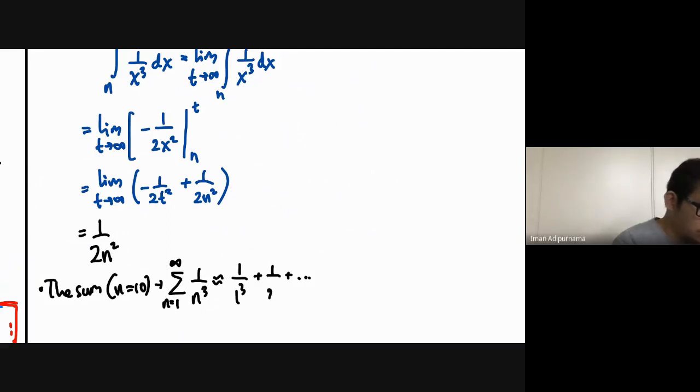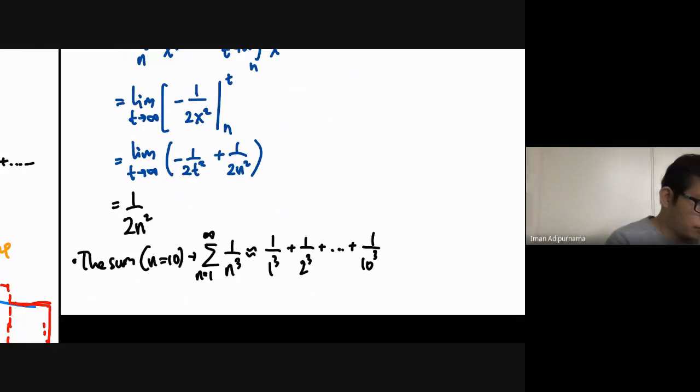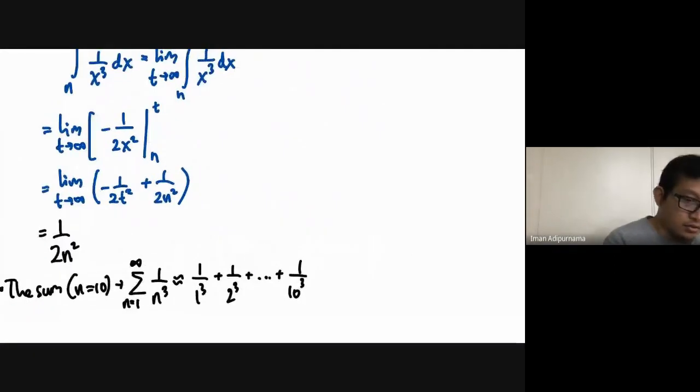one, two, until 10 cubed. If you calculate this, it's around 1.1975.